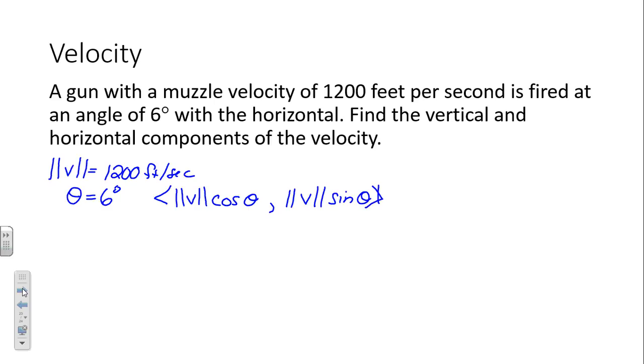So 1,200 times the cosine of 6 will be our horizontal, and 1,200 times the sine of 6, and we don't know this one, so I'm hoping you're getting out your calculators, is our vertical component.